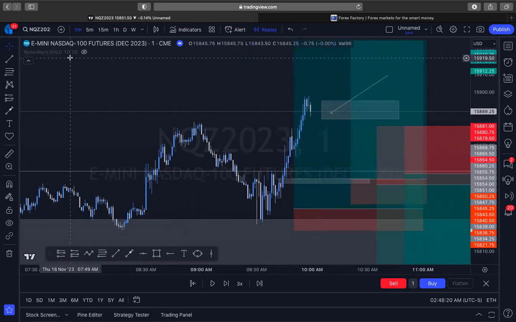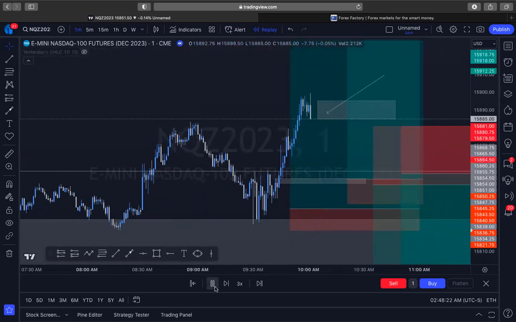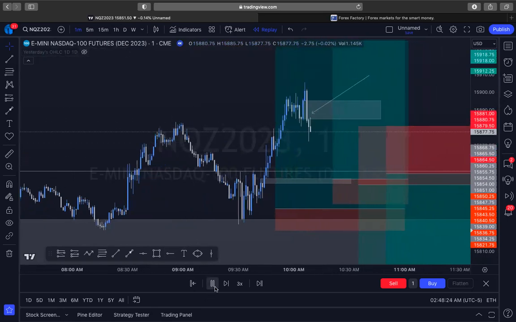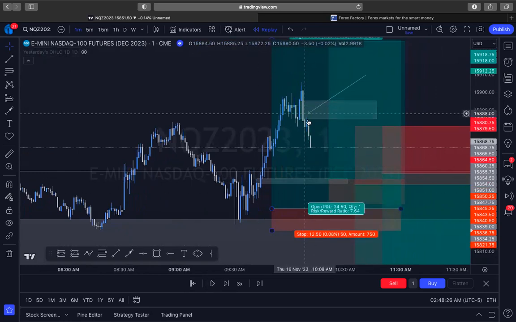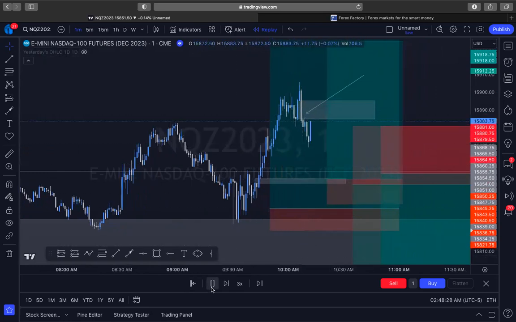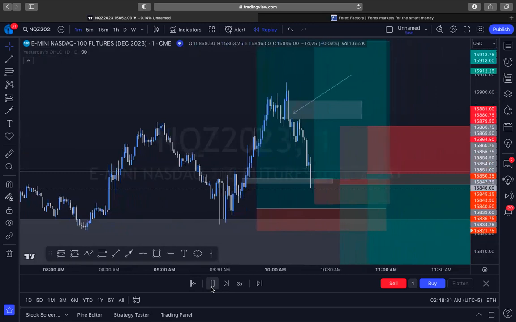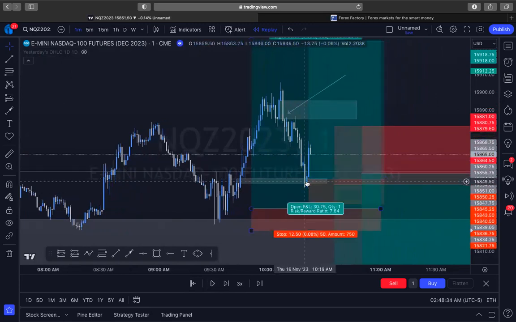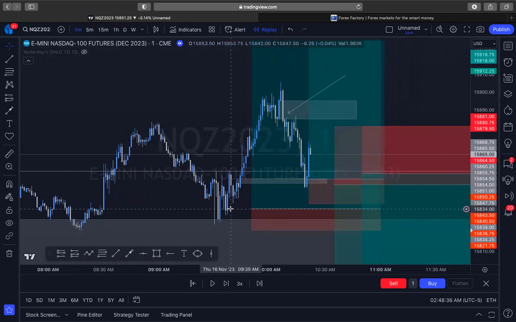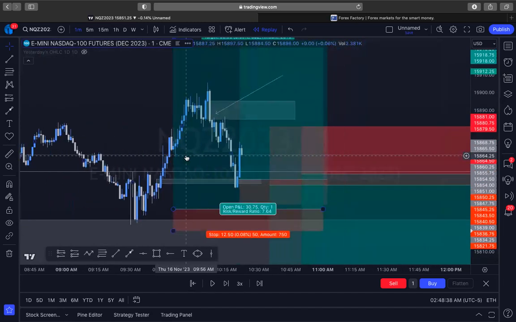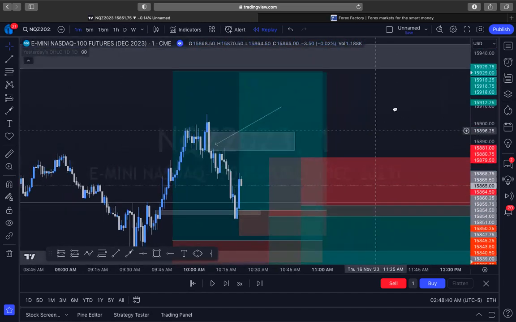If we look, there's another one here that we can see play out. Wanted to see if this was going to respect. And that's where one of my entries was. And go back and see if you guys can take a look.